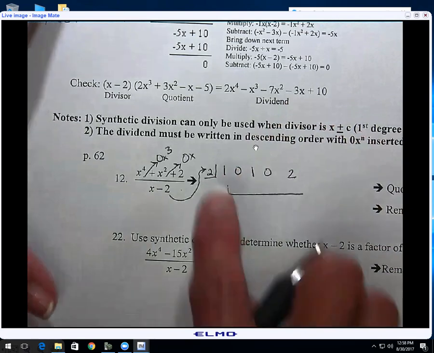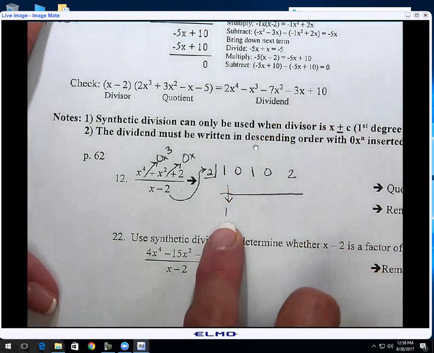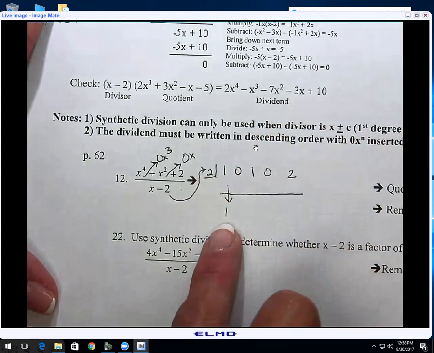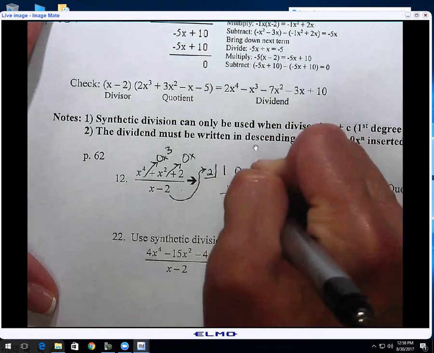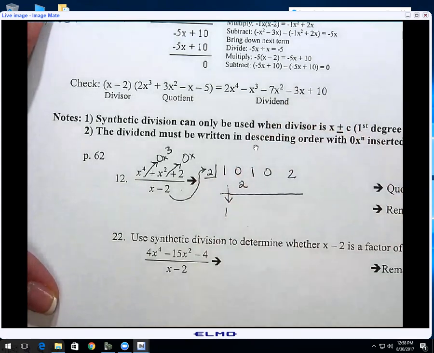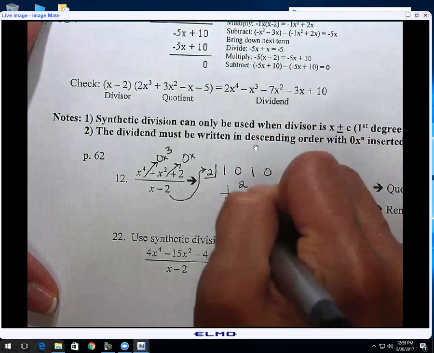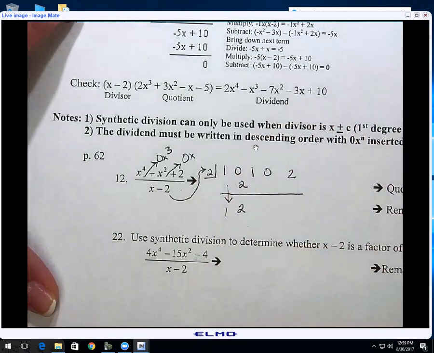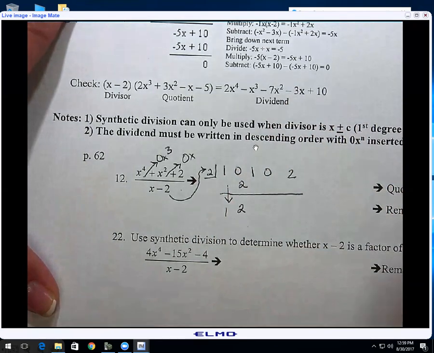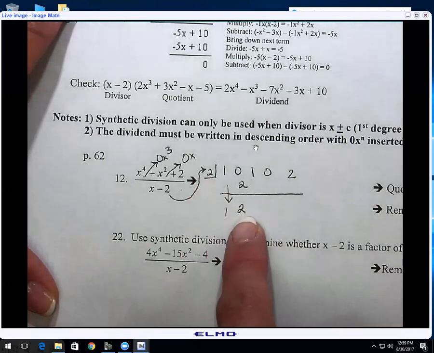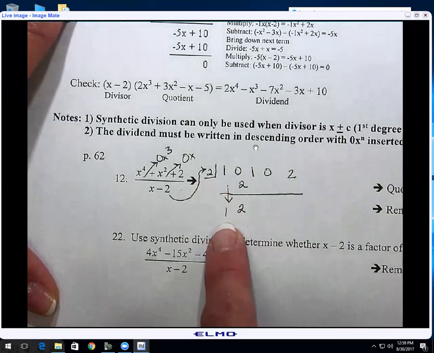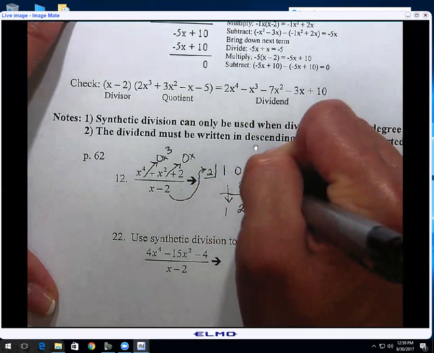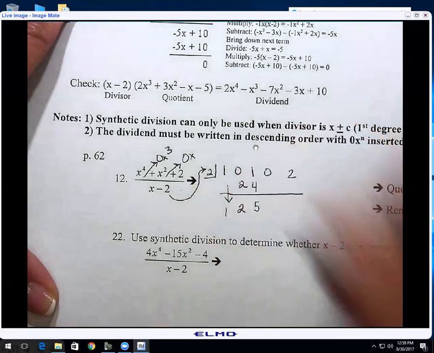You multiply the 2 in the box by the 1 on the bottom row. 2 times 1 is 2. Put that under the next coefficient. And then add. Multiply what's in the box times what's on the bottom row. 2 times 2 is 4. Put that under the next coefficient. And then add.